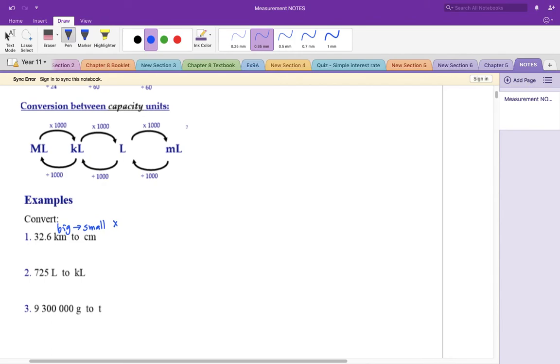How many meters is 32.6 kilometers? That's 1,000, right? It goes up by 1,000. So this is how many meters 32.6 kilometers is. And then from meters to centimeters, you times it by another 100. So times it by 1,000 at the start to go from kilometers to meters, and then I times the meters by 100 to go to centimeters.